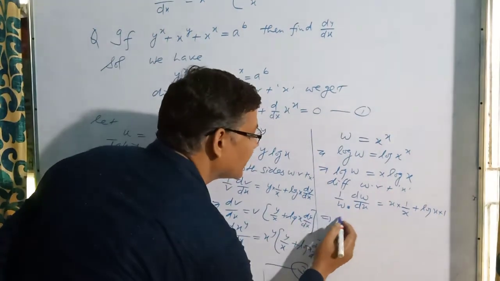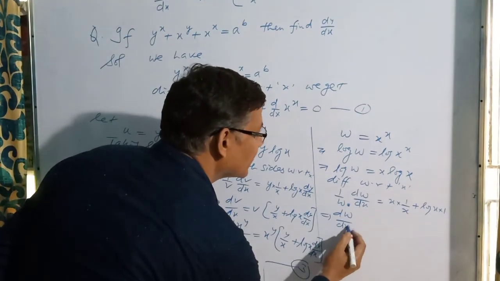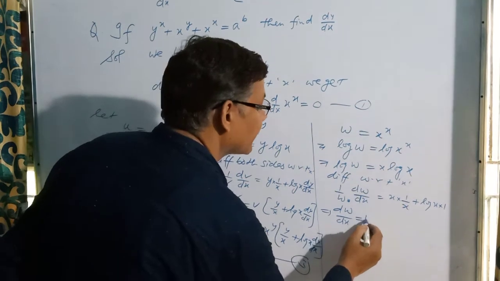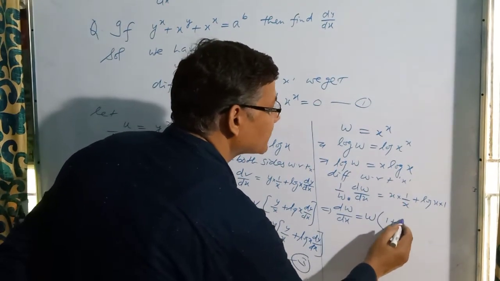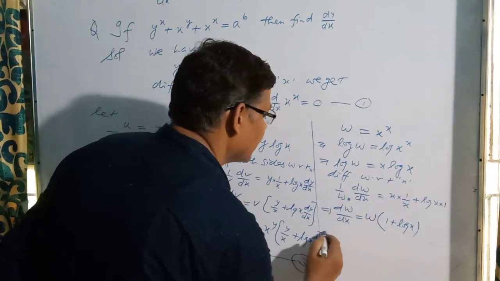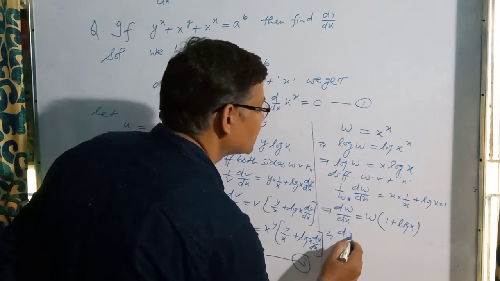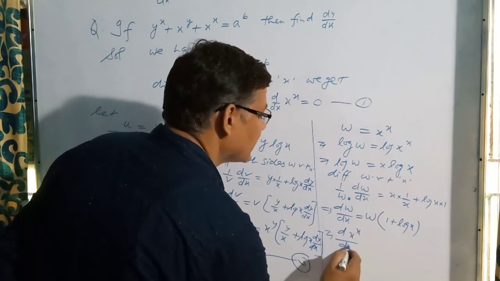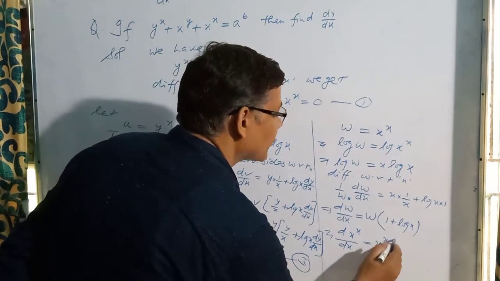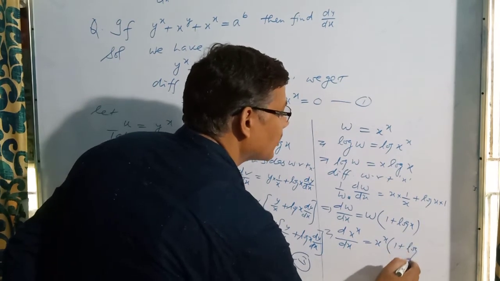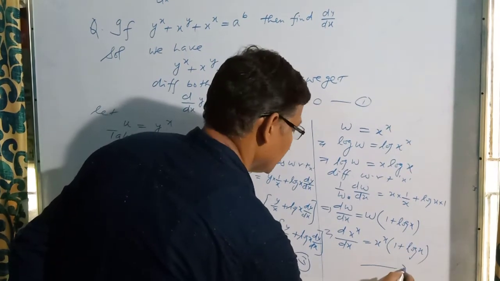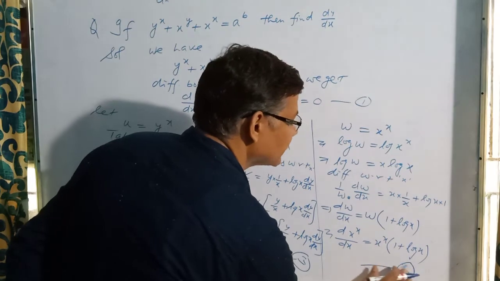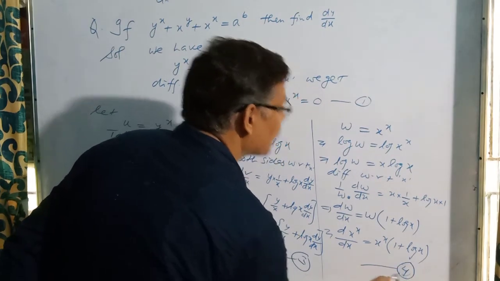So here it implies dw by dx is equal to w into 1 plus log x. What is w? x power x. So d of x power x by dx equal to x power x into 1 plus log x. Make it equation number 4.